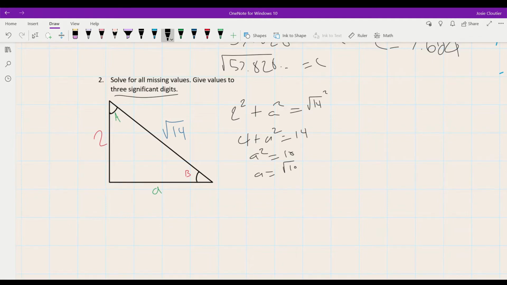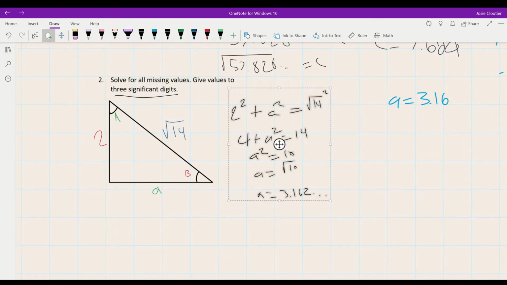Right? So we need 3 significant digits, so square root of 10 is equal to 3.162. So we'll say that A equals 3.16. Okay.